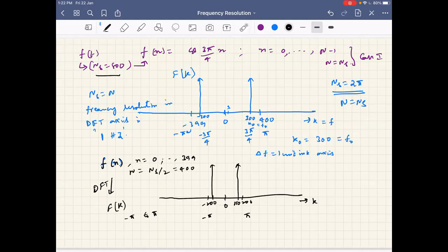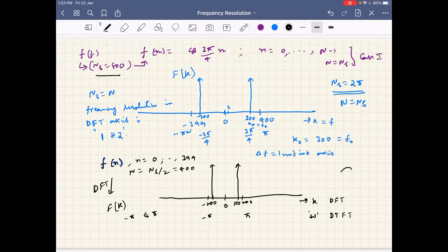Now, I want to normalize this frequency axis. Say this is in k, this is in j omega. As you know, this is the DTFT and this is the DFT. So the DFT is the sampled version of the DTFT.